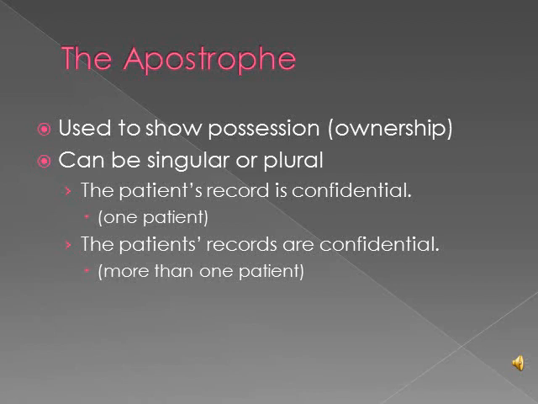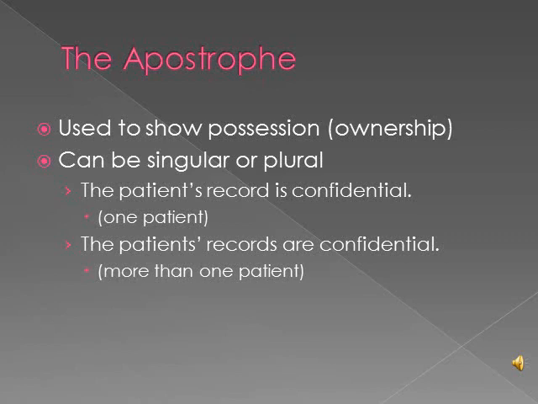Let's move along and take a look at the apostrophe. Remember that the apostrophe shows possession or ownership of something. It could be singular or plural. Here's an example. The patient's record is confidential. We're talking about one patient, apostrophe S. The record is the patient's. It's owned by the patient.